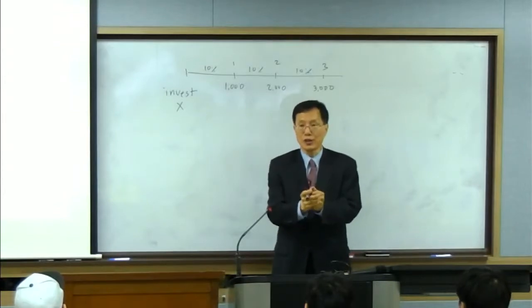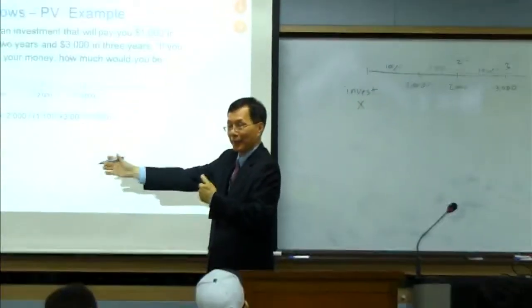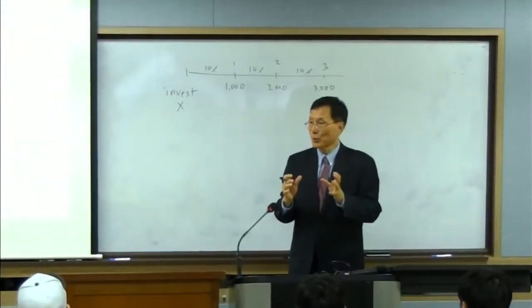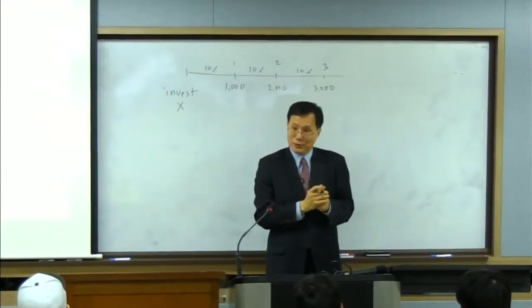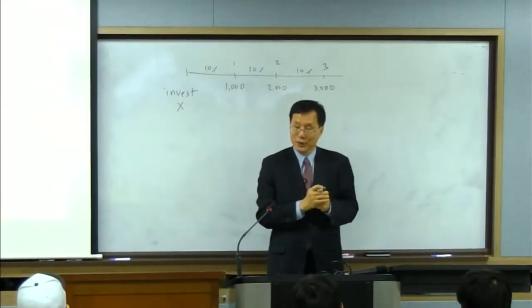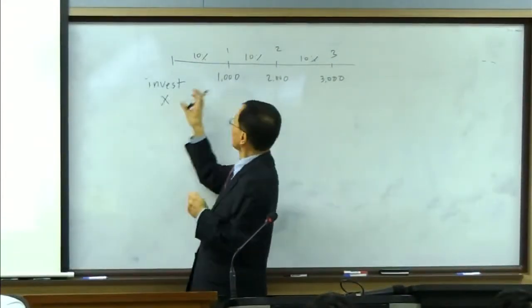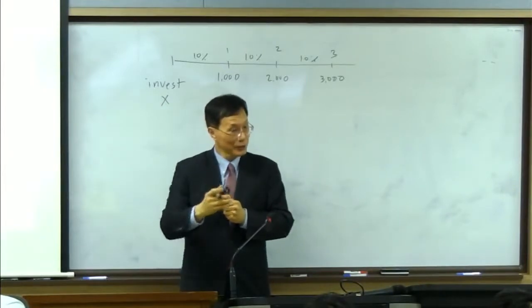And in return, you are going to get 3 cash flows in the future. And you want to compare the 2 options. One is keeping X. I have X. And I have an alternative that is to earn $1,000, $2,000, $3,000 in the next 3 years.